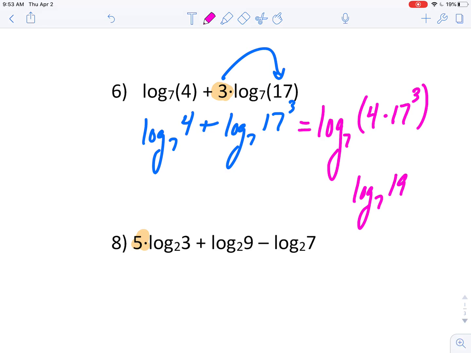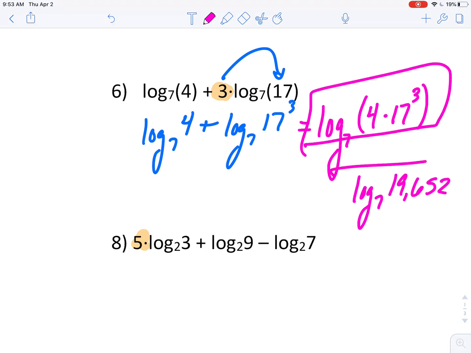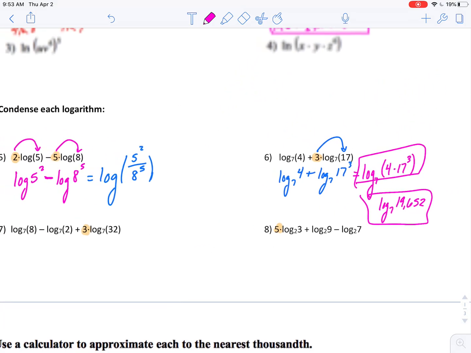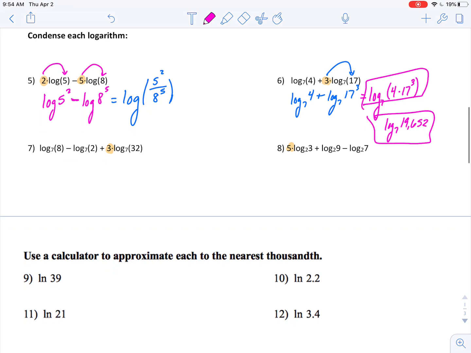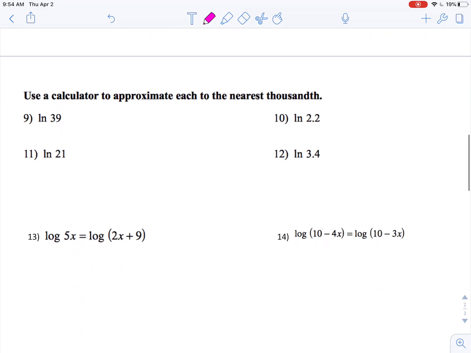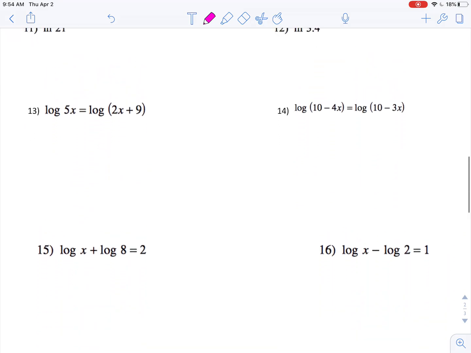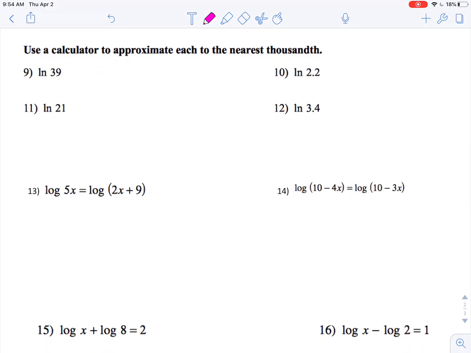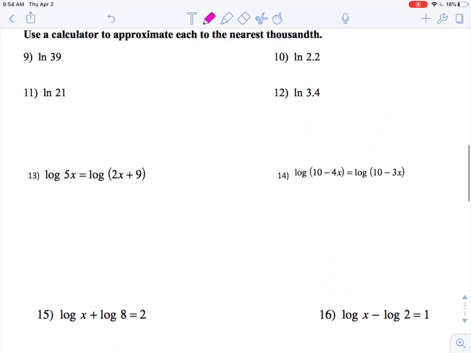You could write that as log base 7 of 17 to the 3rd times 4 is 19,652. So you could write it either like this or like this. Either way is just fine. And again, I'll leave these last two for you guys, and I'll post the completed notes in just a minute.